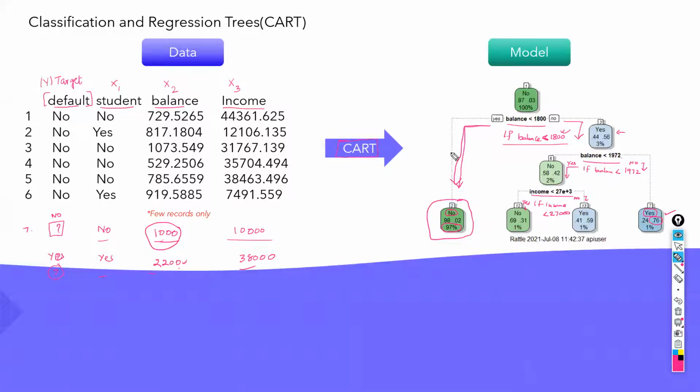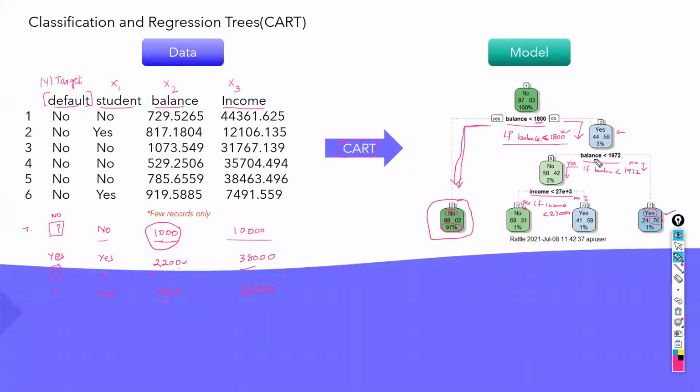Now, when you have, let's say, one last observation, 1900 and 22,000. For this observation, what is the prediction? First, let us check balance. Balance is 1900. Is it less than 1800? No. That means this observation will end up in this node.